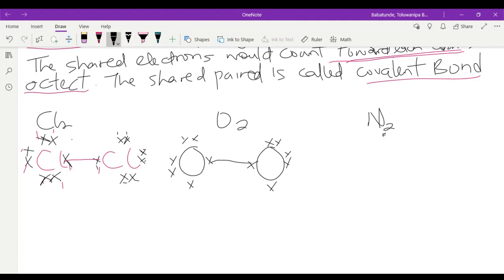And we count, each of them has 7. Same thing for this atom. However, we said they are looking to become octet, meaning they are looking to have 8 electrons. So since this is 7, the goal is that each atom has an octet structure.